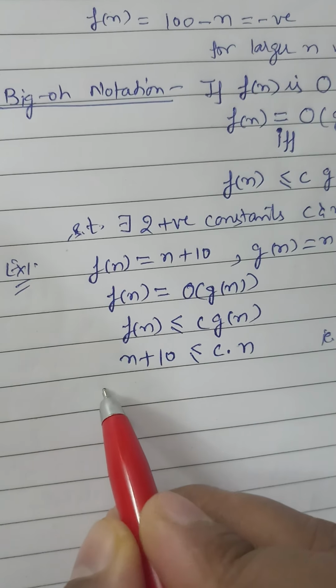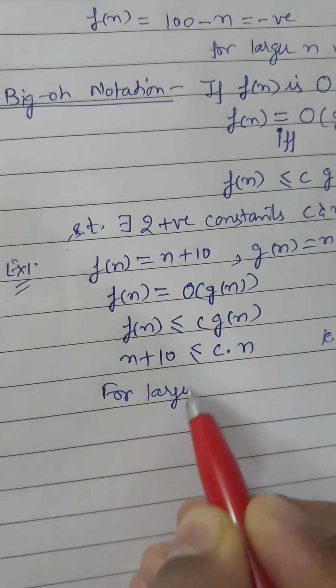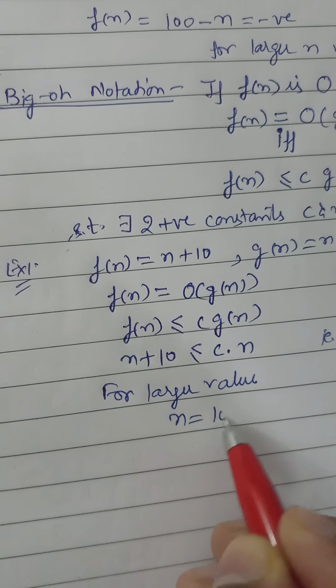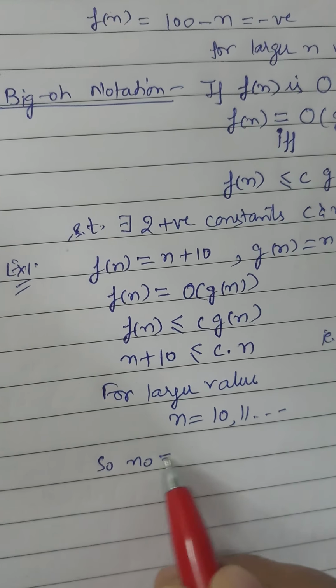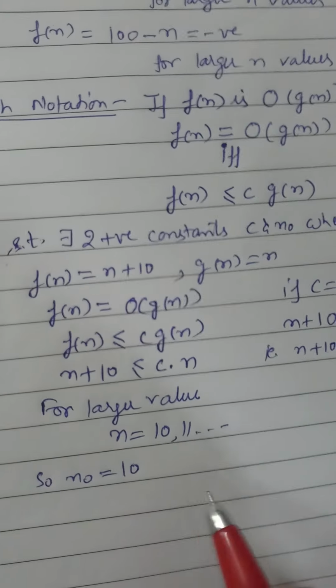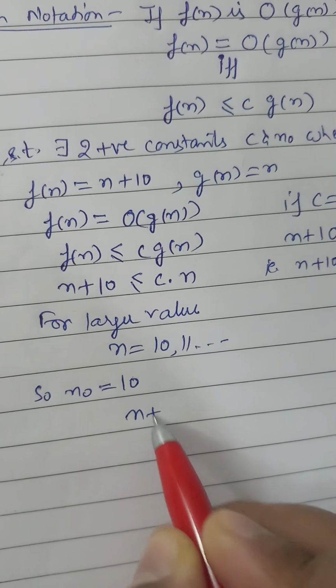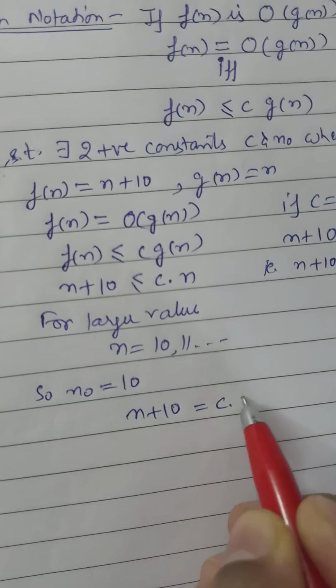And for larger values of n, suppose we take n equal to 10, 11 and so on. If we take n naught equal to 10, then n plus 10 is equal to c into n.